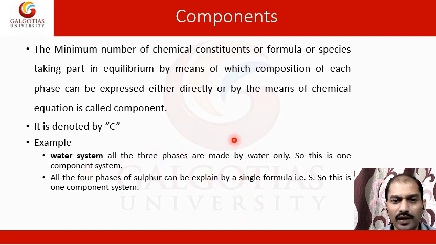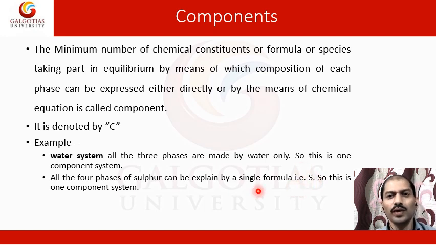Similarly, whether you are talking about the different phases of sulfur, they will have the same component, and it will be represented by S. So this is one component system.